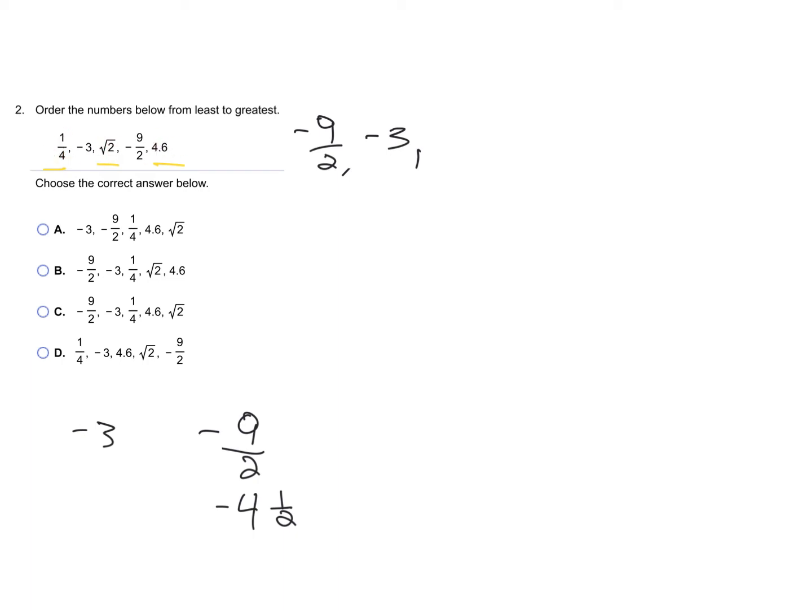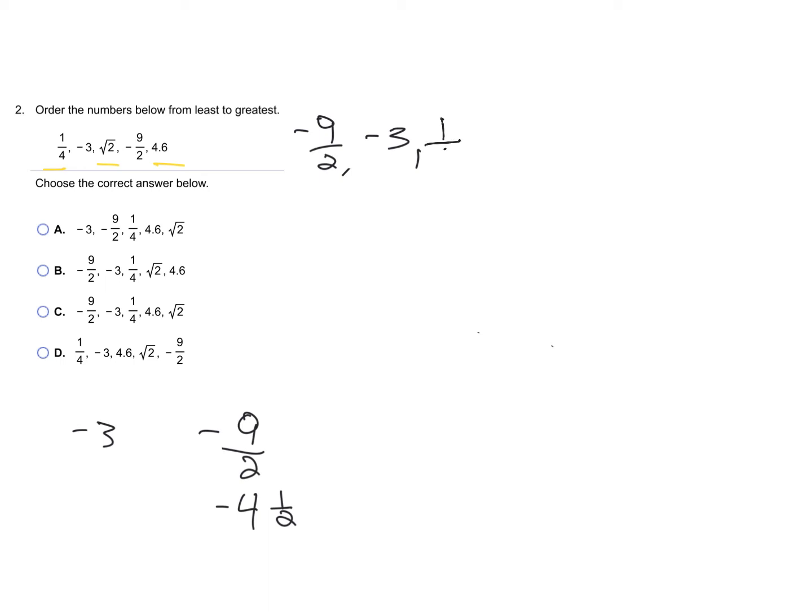Let's see where the square root of 2 falls. It is somewhere between the square root of 1, which is 1, since 1 times 1 is 1, and the square root of 4, which is 2, since 2 times 2 is 4. So this number is somewhere between 1 and 2. So if we're looking back at our numbers, we've got a number that's less than 1, a number that's between 1 and 2, and a number that is more than 4. So we can order them in that way.